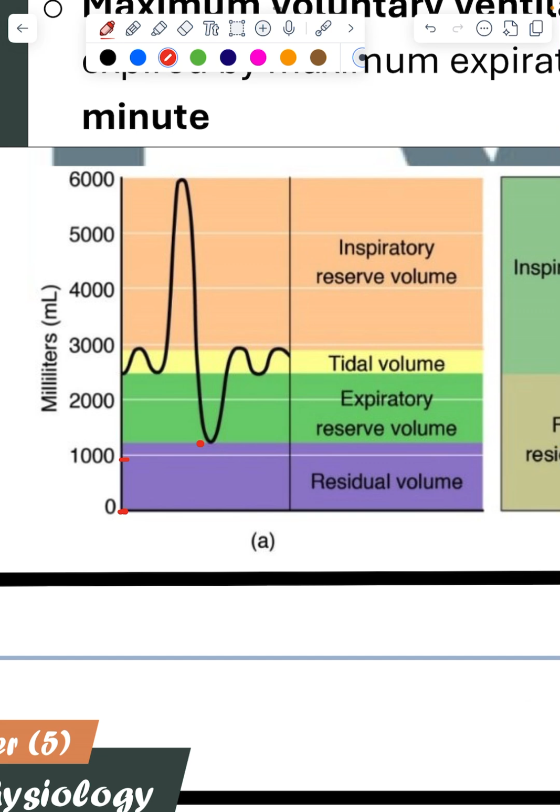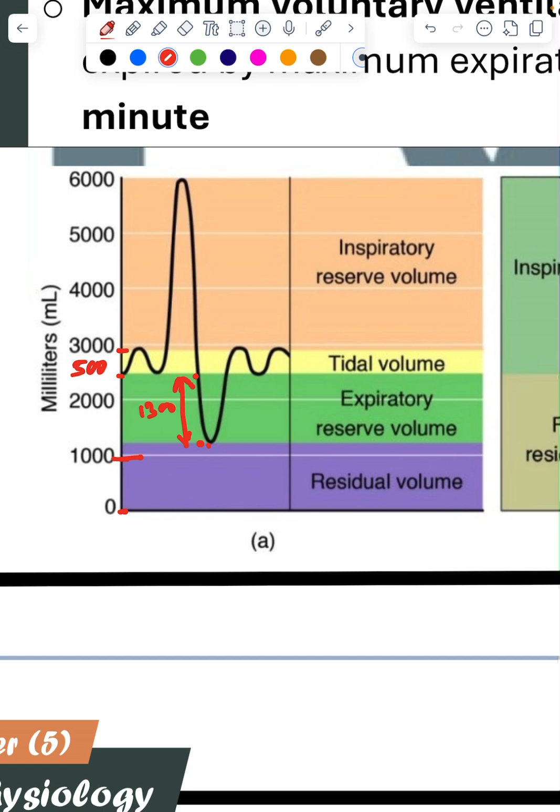Tidal volume, you can see this is 2000, 2500, 3000, around 500 ml. From this 500 to this much, he has got reserve volume for expiration. Again you can see this is 1000 here, 1000 to 1200 something here, 800 plus 500, around 1300 ml. This is the rough idea.